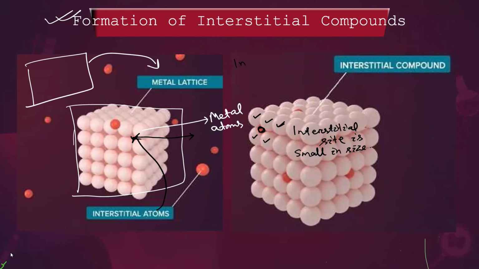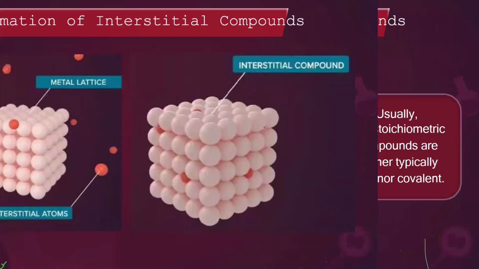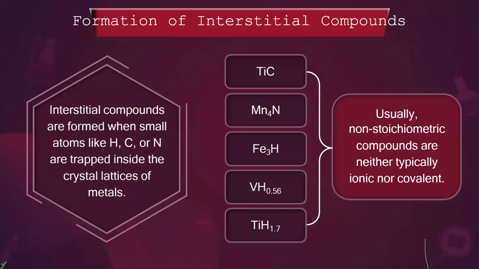Which are the atoms that can be accommodated? First of all, small atoms like carbon, nitrogen, hydrogen, boron, etc.